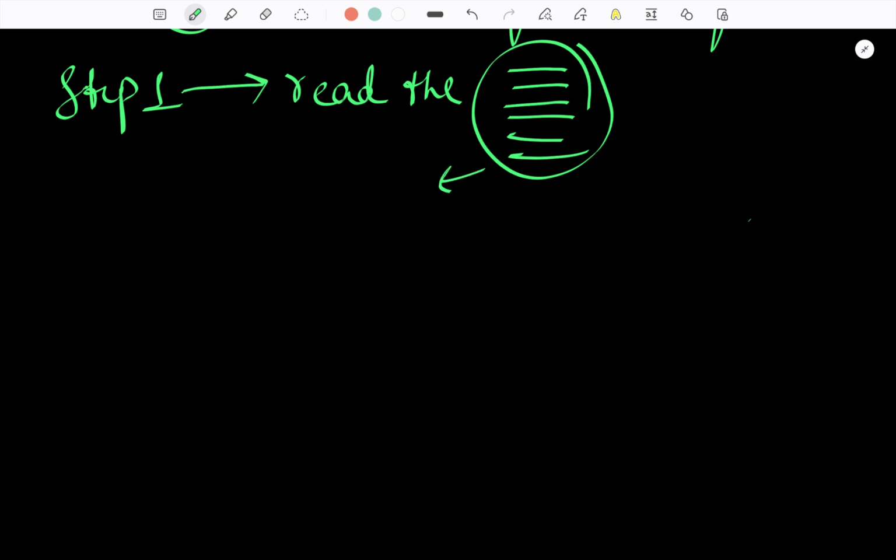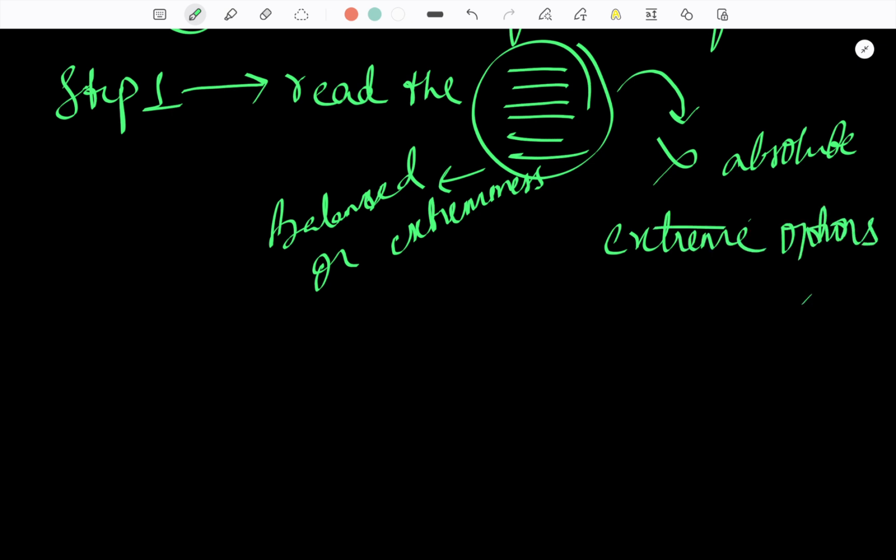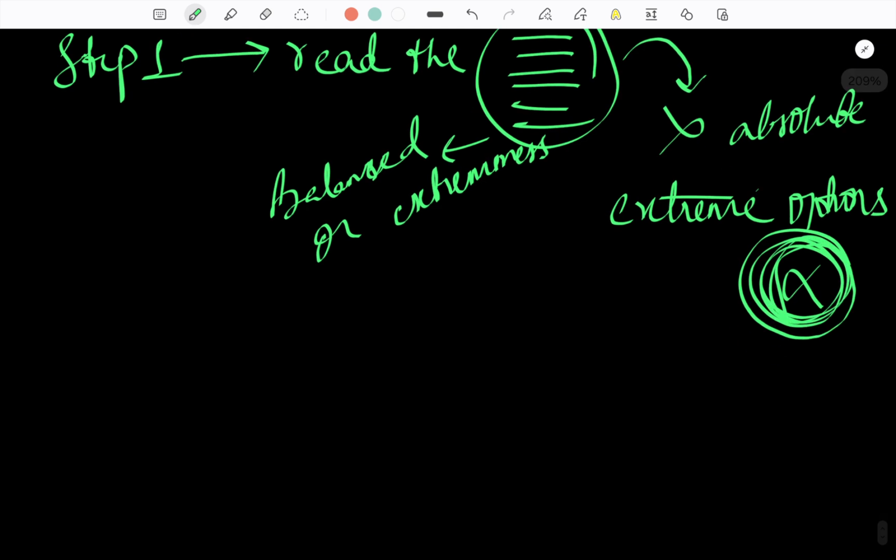Is the author saying something balanced, or is it extreme or not? If the passage is not about absolutes, then extreme options are incorrect. Follow this.